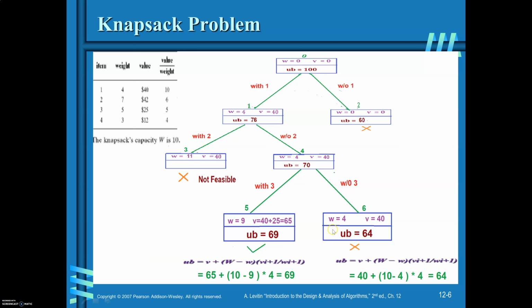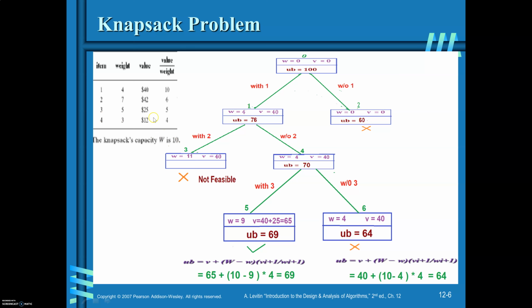Now we'll see how to compute the upper bound for this node. So upper bound equals value 65 plus W, capacity of the sack 10, minus total weight 9, into value to weight ratio. You have to consider this because you are in the third level.